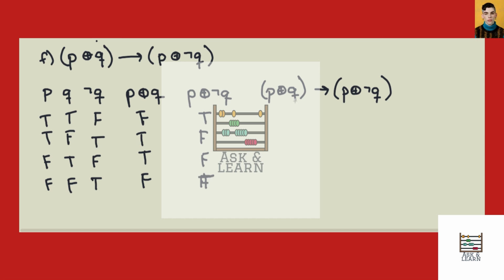The condition is, if the first proposition is true and the next one is false, then it's false. Everything else is true. So we look at the fourth and fifth columns. False, true, this is true. True, false, it's false. True, false, it's false. False, true, it's true. So this will be the truth value for F.